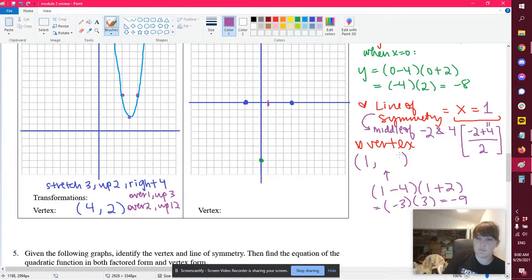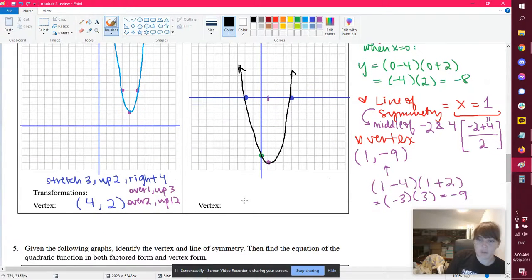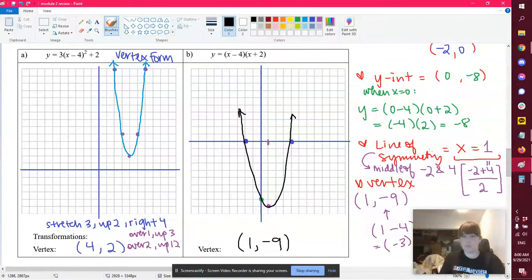This is negative 9. I can graph that on my line of symmetry. And now I can connect the dots. Also, we found our vertex, which is 1 comma negative 9. All right, that is how to graph things. Next video upcoming.